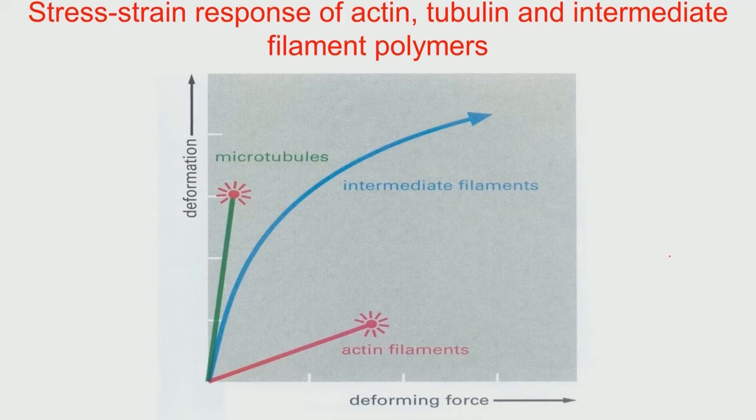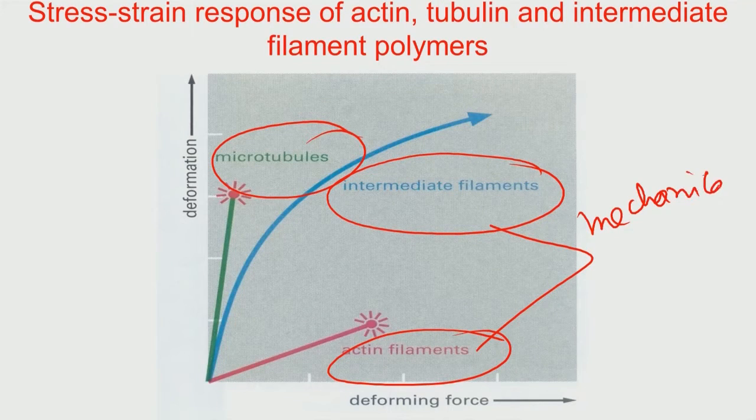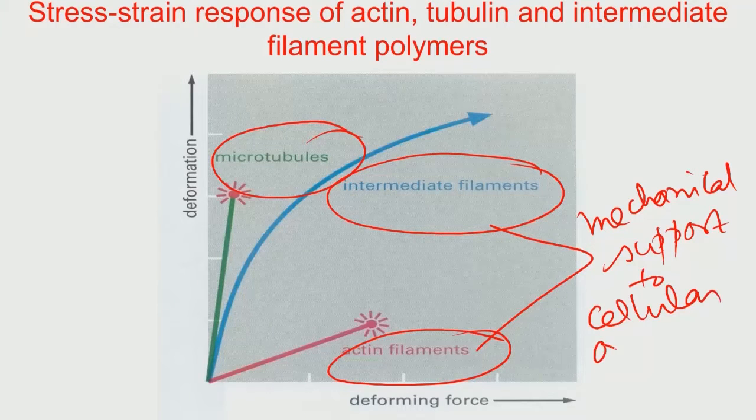Now, in terms of their mechanical properties, which is important, because you remember that all these intermediate filaments, microtubules and actin filaments together provide structural mechanical support to various cellular organelles, and therefore, some understanding of their mechanical response, particularly under the application of tensile deformation or tensile force, is necessary.